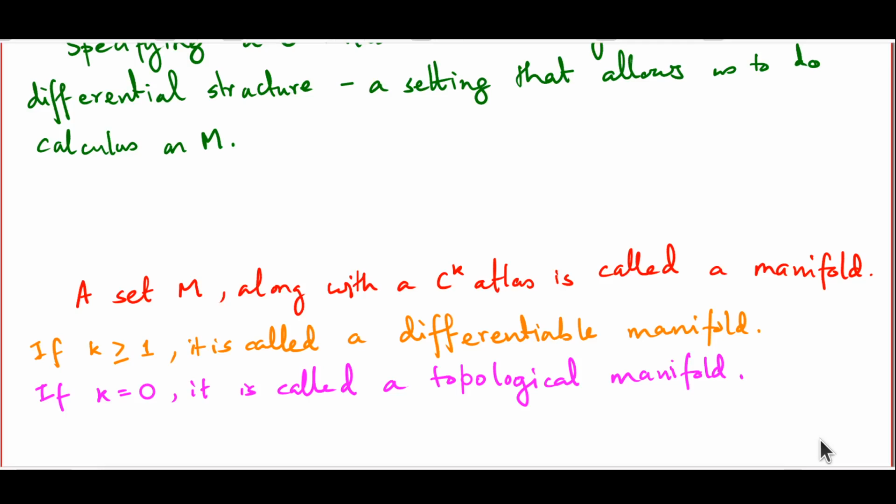Now, as we have said, the whole point of having a differential structure is to be able to do calculus. We have already seen an example of that. We have been able to check whether a function f from M to R is differentiable or not using a structure like this.